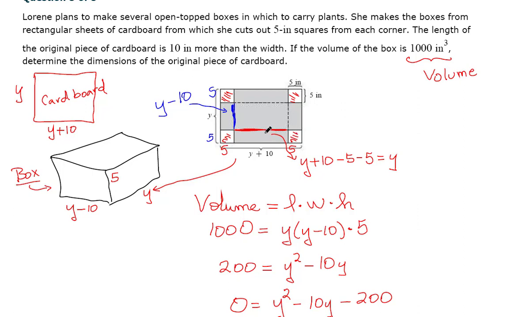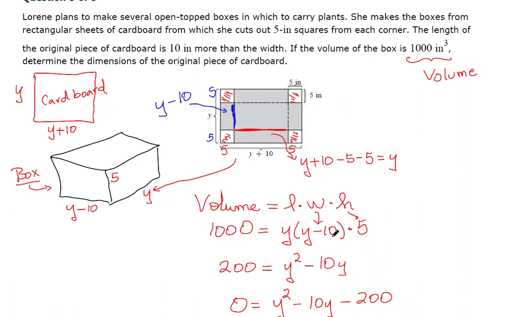And so when I fold it up, my length and width are changed from y and y plus 10. So when I fill all this stuff in now, here's the height of 5, width is y minus 10, and again, this is the width of the box, not the piece of cardboard. This is the length of the box.